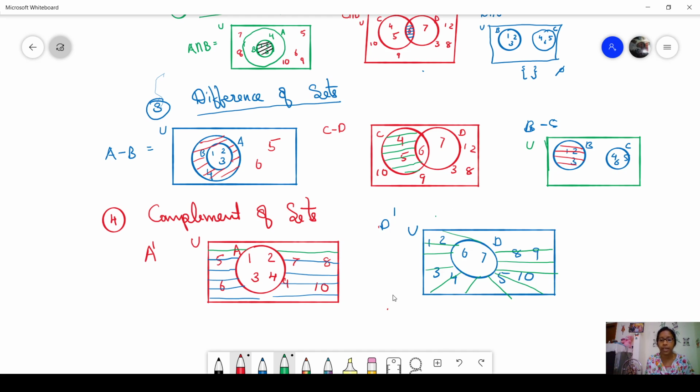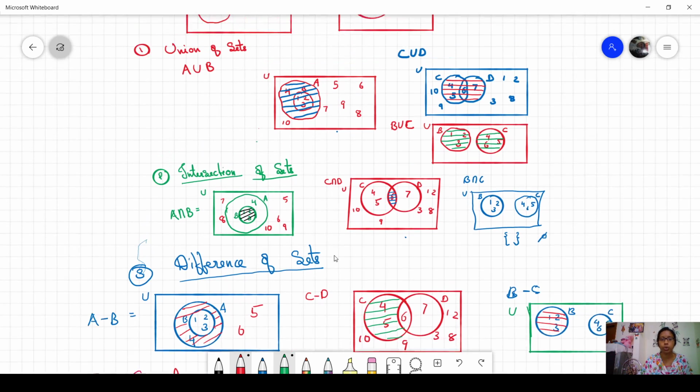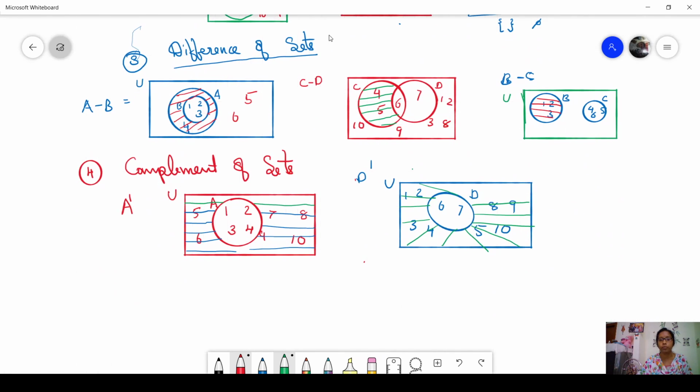I think everyone has understood the concept of operations of sets using Venn diagram. First one we had studied union, then intersection, then difference, then complement of sets. So thank you for watching the video. Thank you all of you.